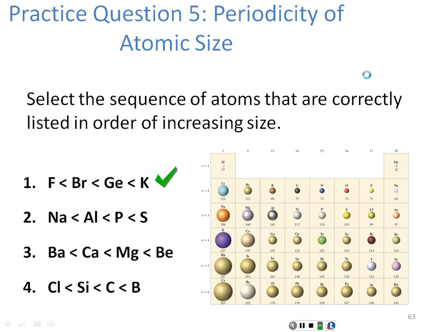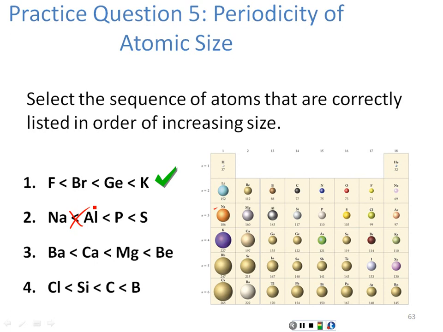Now if we bring our periodic table in again, you can see the actual size of these atoms. If we look at the other choices, why they would be incorrect, sodium is further to the left than aluminum, so that would be incorrect.